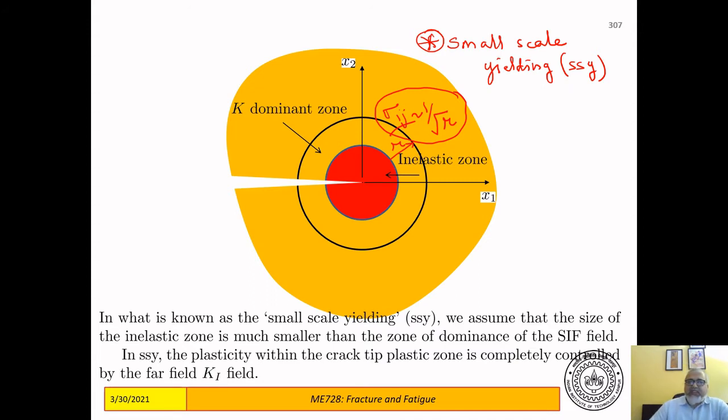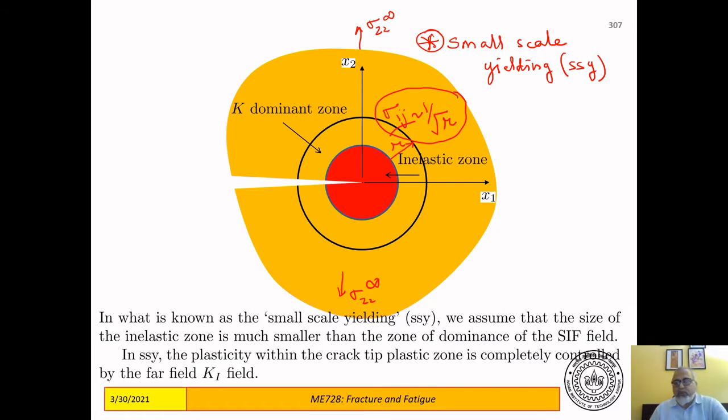That means K is determined by the remote stresses that you have applied on the body. That is what determines your K. And this region, the plastic region, is completely engulfed by K, which means that whatever happens inside the plastic region, the stresses and strains inside the plastic region are determined by K and K alone. So plasticity is controlled also by K, provided the inelastic zone or the zone of plasticity is much smaller than the zone of K dominance.